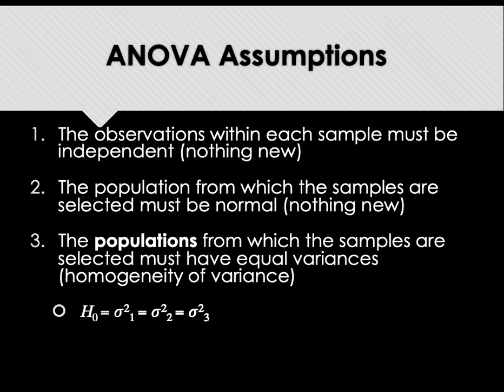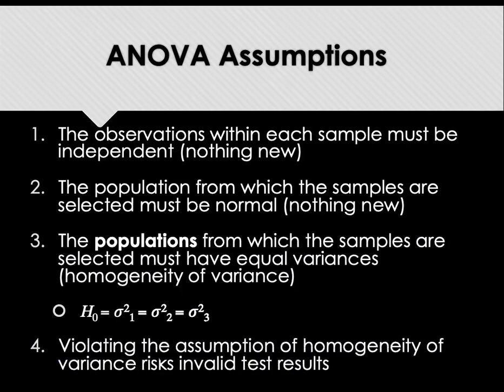And violating the assumption of homogeneity of variance risks invalid test results. This is kind of showing you variance. So variance of population 1 should equal variance of population 2 should equal the variance of population 3.